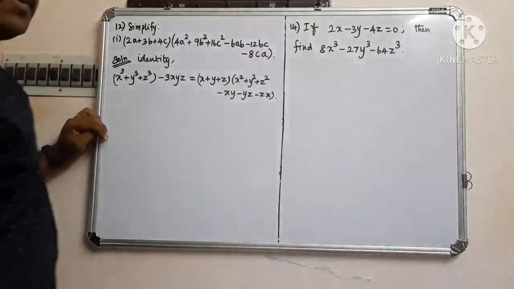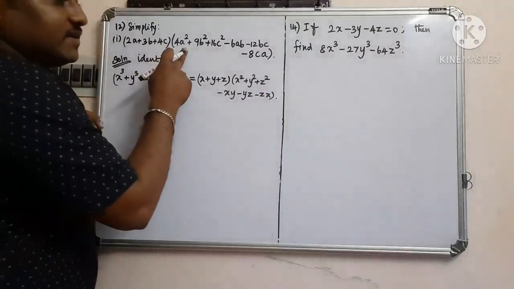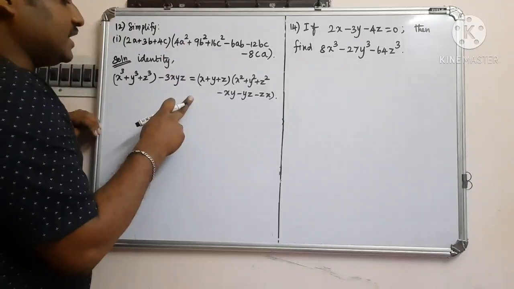So we know this formula. The given expression should be compared with this identity.